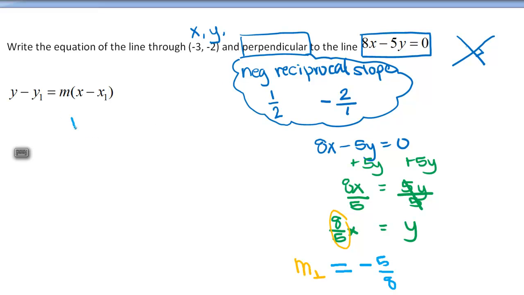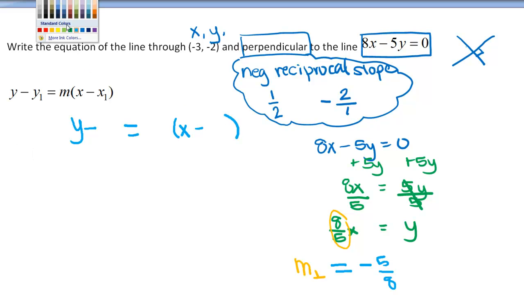So here goes. y minus, and I leave a little blank, equals, a little blank, parentheses, x minus, and I'll leave a little blank. Now I'm going to plug stuff in. The negative 5/8 goes over here, because that's my negative reciprocal slope.